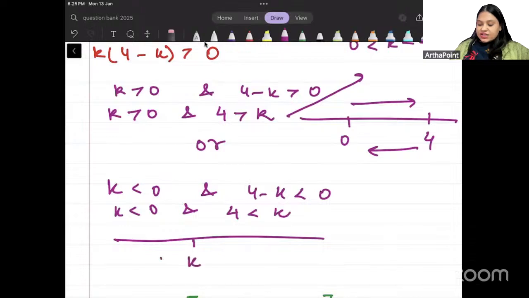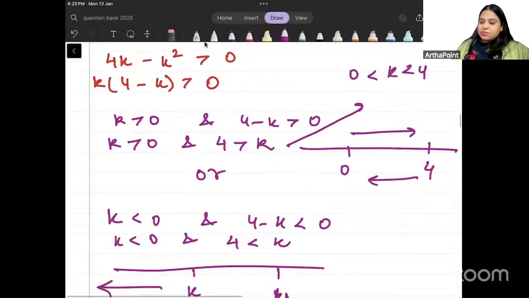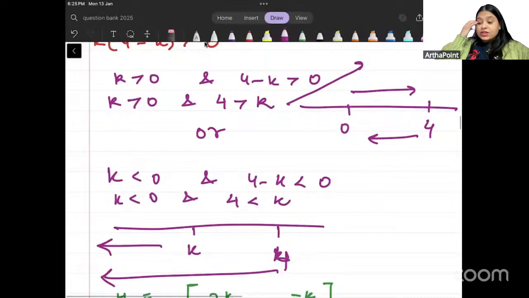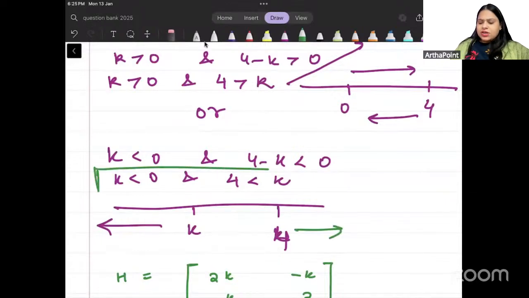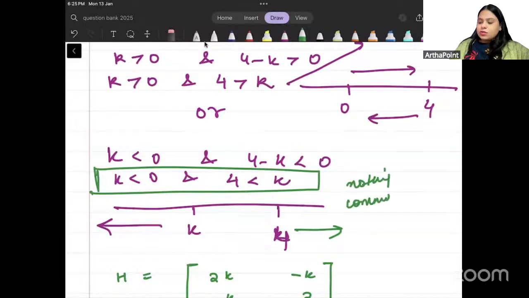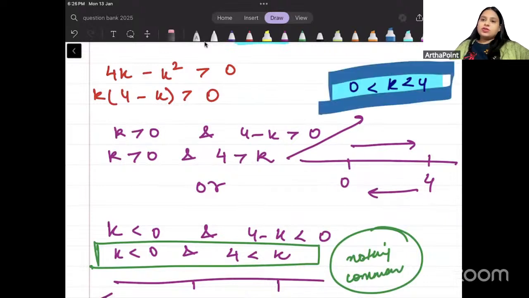So k less than 0 and k greater than 4. Nothing is common here. So that is correct, you will get only one. Whenever k is between 0 and 4, you will have your answer as positive definite.